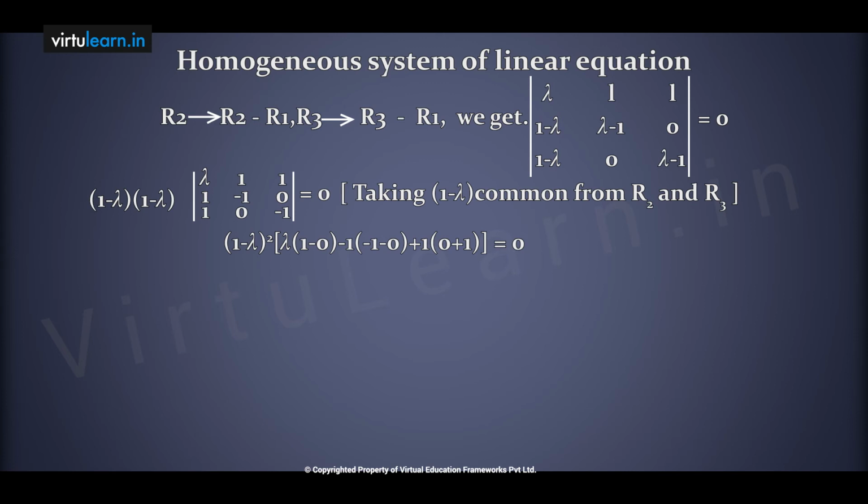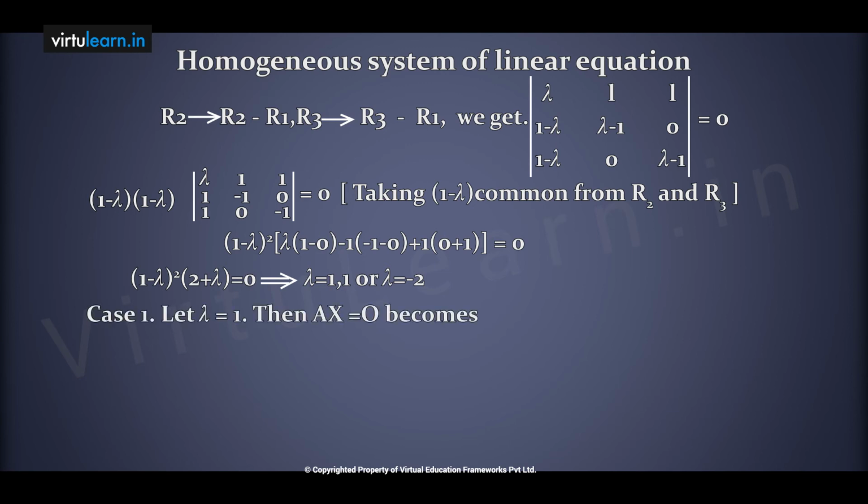Finally on simplification, 1 minus lambda whole square into 2 plus lambda equal to 0, so lambda equal to 1, 1 and lambda equal to minus 2. For lambda we get 3 values: 1, 1, minus 2. Now if lambda equal to 1, what type of solutions are we getting? And if lambda equal to minus 2, what type of solutions are we getting in this homogeneous system?